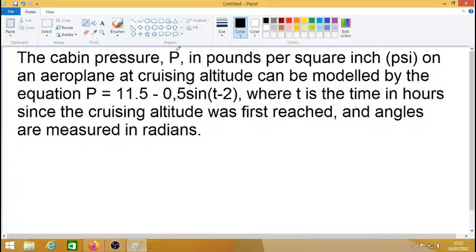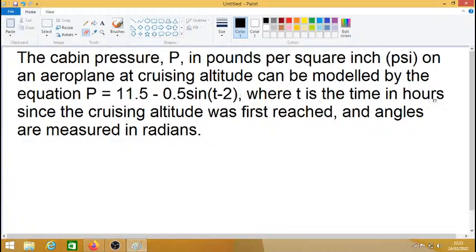The cabin pressure, P, measured in pounds per square inch, PSI, on an aeroplane at cruising altitude, that's the height where it's going at a steady speed, can be modeled, so it's not going to give us a perfect answer, but it's going to be pretty close, by the equation P equals 11.5 take away 0.5 times sine brackets t minus 2.